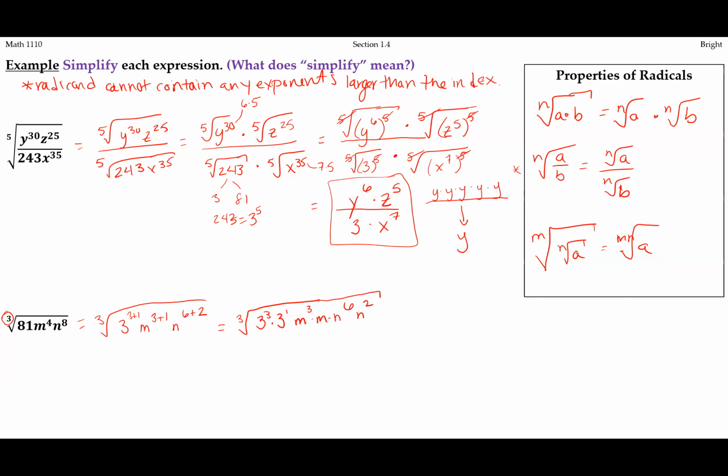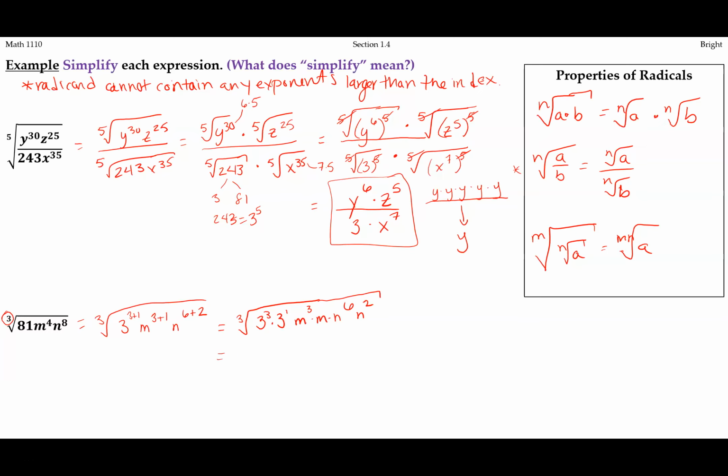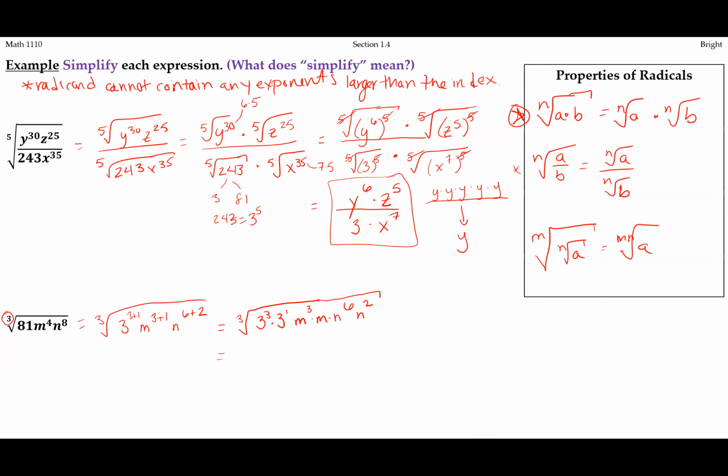Now I can simplify this a little bit more. This first term, I'm not going to write it out using this property here. If you want to, great, go for it. I'm going to do each one of these one at a time.